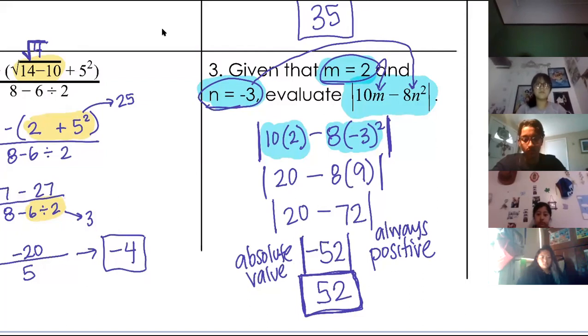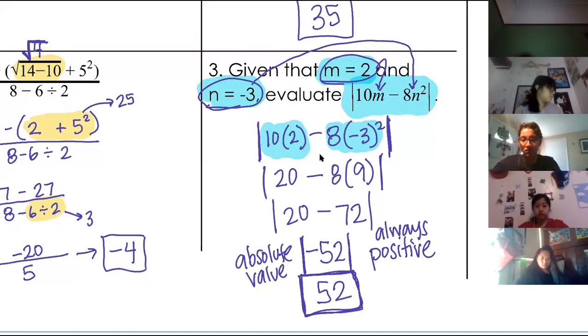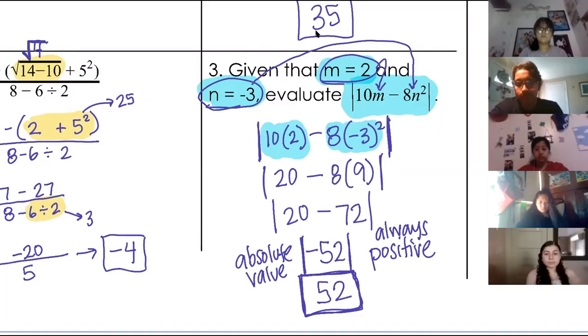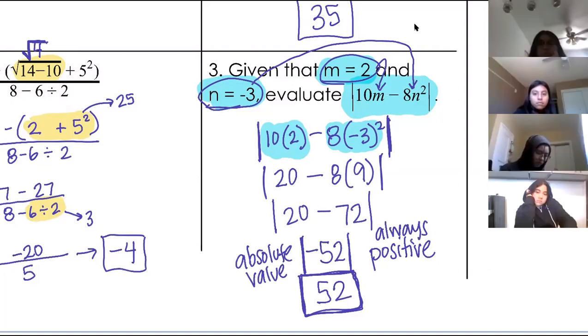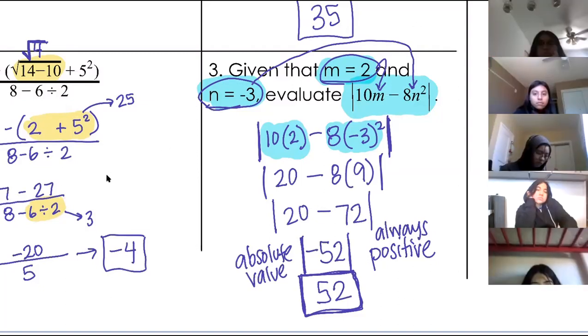All right, let me make those breakout rooms. Okay. If you are a 4 or 5, you're going to go into that breakout room. If you are a 2 or a 3, you can stay here.